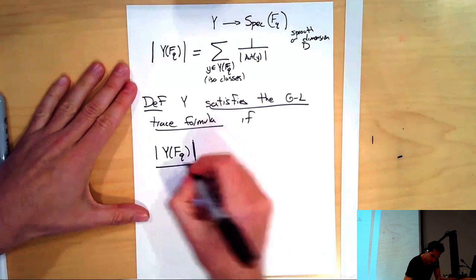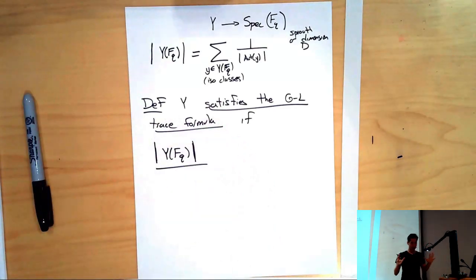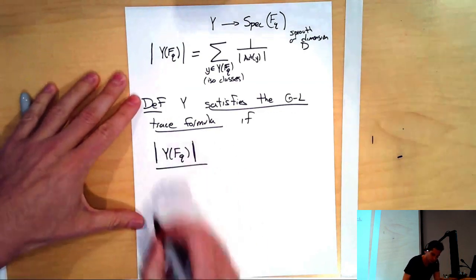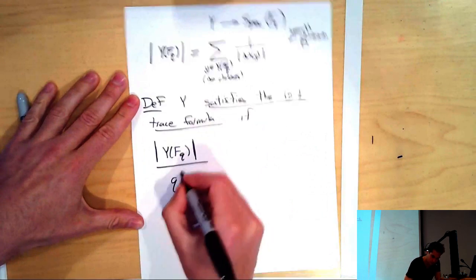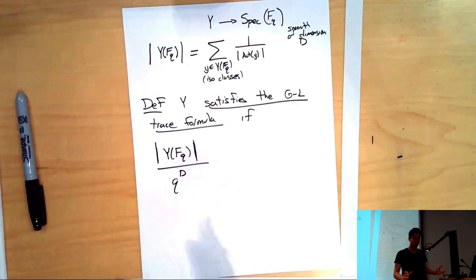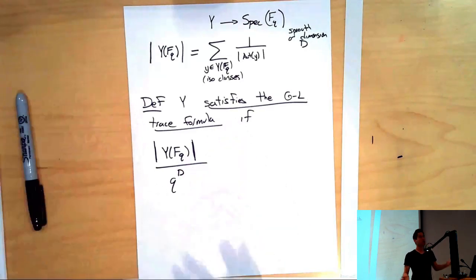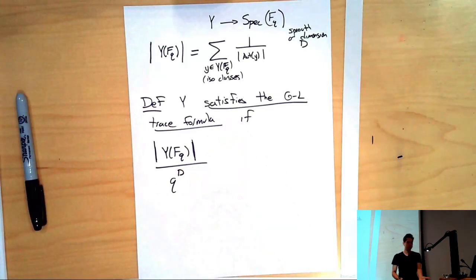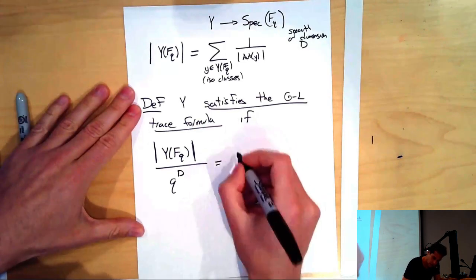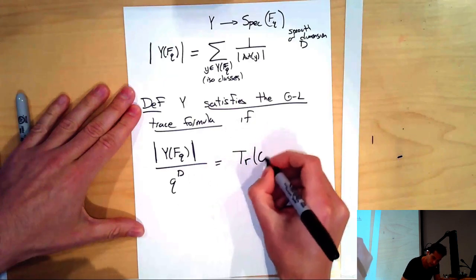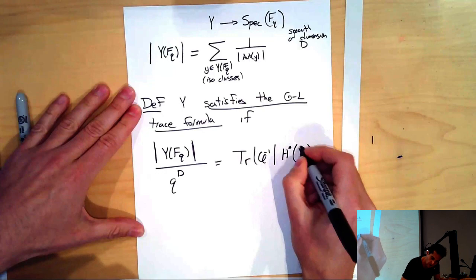Here I'm stating it in maybe not the most common way, in a Poincare dual form so that it will apply nicely in the case that I'm interested in. This says that if you take the number of FQ valued points of Y and divide by your naive expectation for what that should be, Q to the dimension of Y, this should be the trace of Frobenius inverse on the cohomology of Y bar.